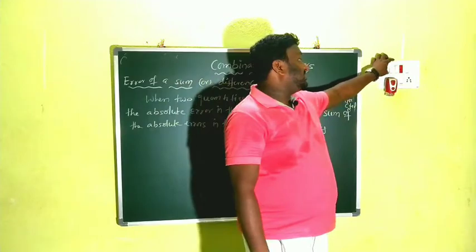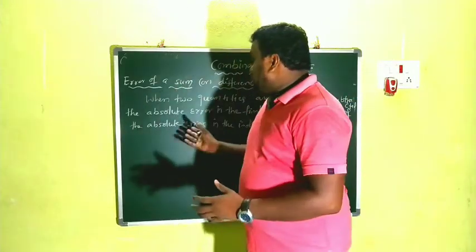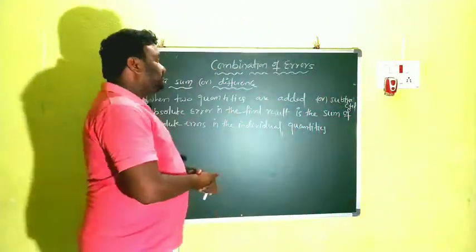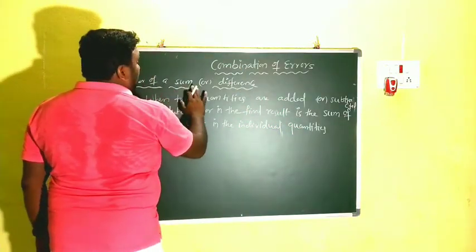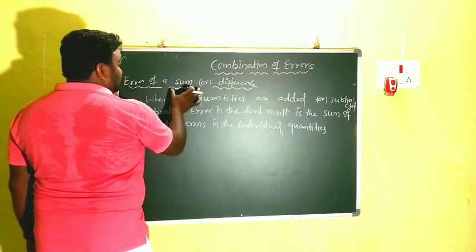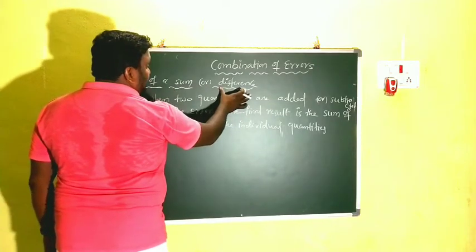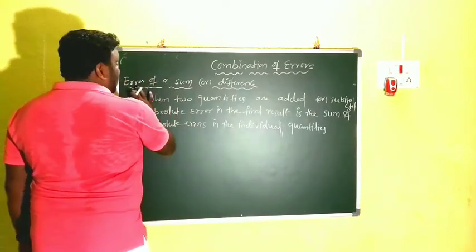Here there is one rule, which I already mentioned here. Look at the board. Combination of errors of sum or difference, that means sum means addition, difference means subtraction. For that we have one rule.